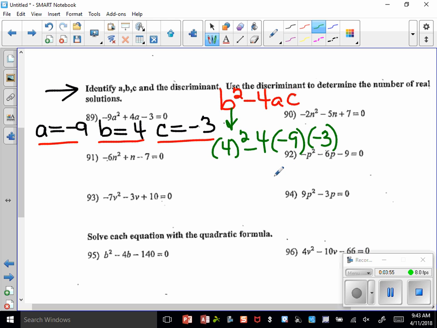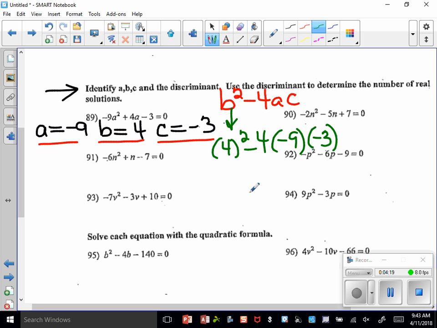So now, take your calculators. I'm not going to do this. On your calculator, go to a blank screen and type in the parentheses 4 squared minus 4 times, in parentheses, -9, in parentheses, -3. It's a must that you use parentheses to get the right answer.